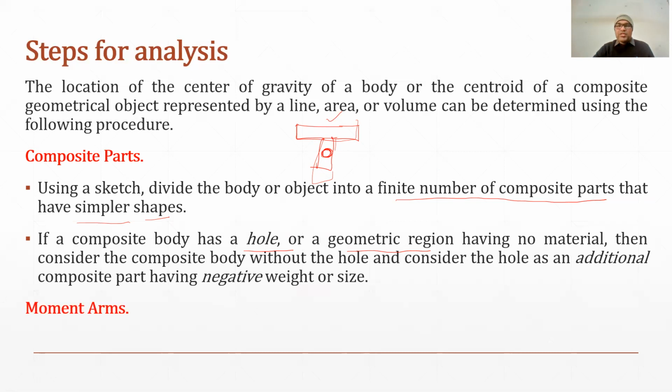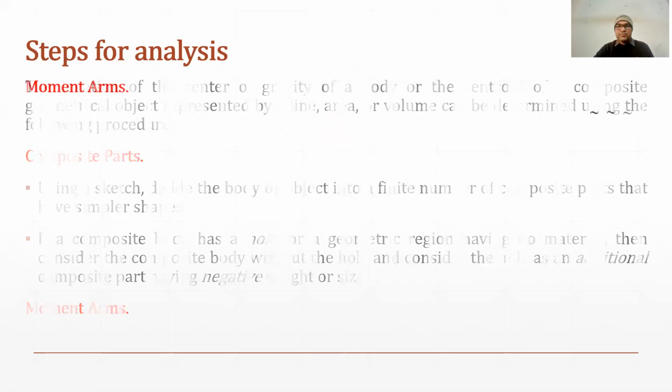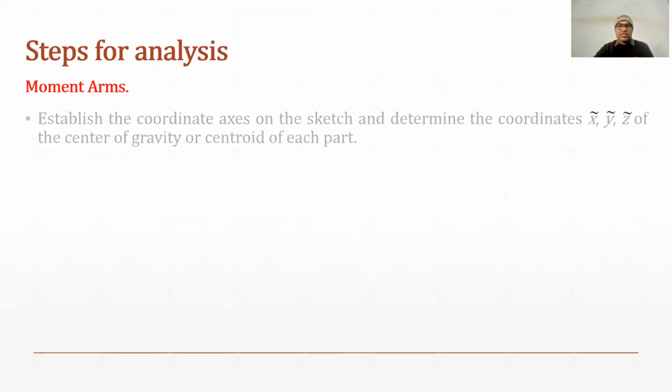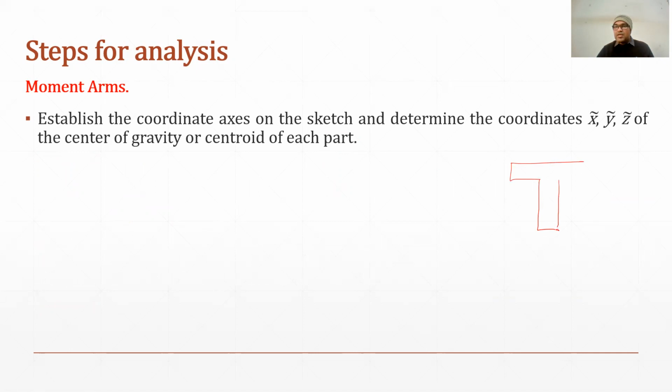Then we calculate the moment arms, or in other terms, we calculate x approx, y approx for the smaller regular shaped bodies. So again, I'm making a diagram. Say in this case, now we have this T shape. First, we have cut this T into two regular figures, one is this rectangle and the second one is this rectangle.